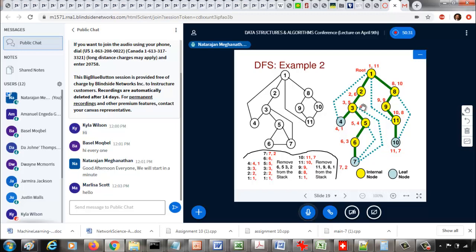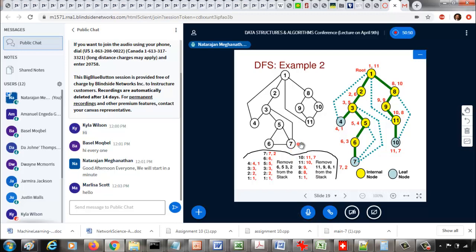Then there's an edge to 3 and 3 is already visited. So we should simply call those edges, between 7 and 5, 7 and 3, back edges, because those vertices were already pushed to the stack. So we cannot go further down to a new vertex from vertex 7.